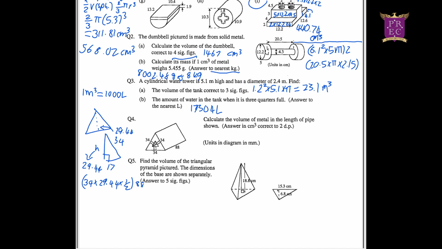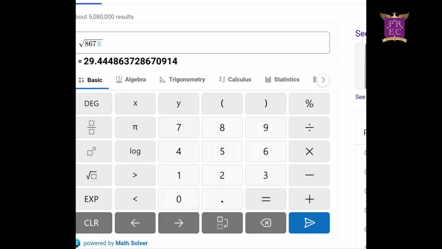Okay, let's put that in the calculator. 29.44 times 34 times half. Oh, whoops, why is it inside the square root? To get outside the square root, times by 34 times by half times by 88.